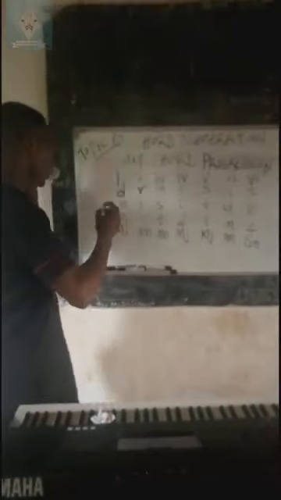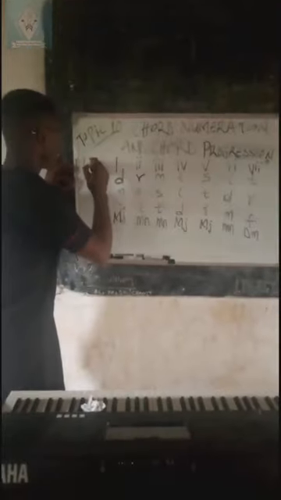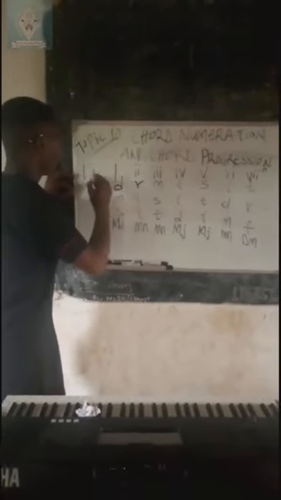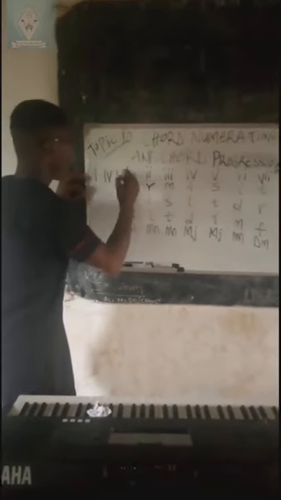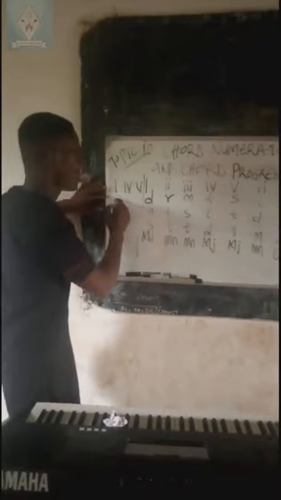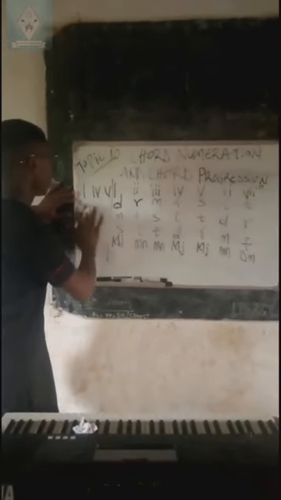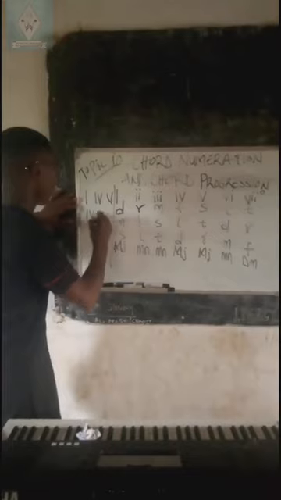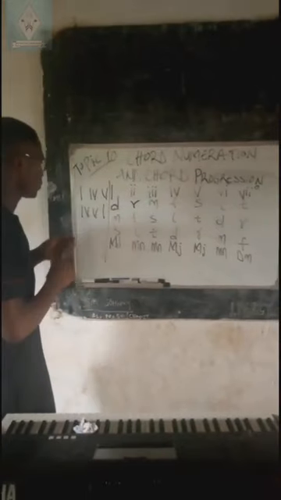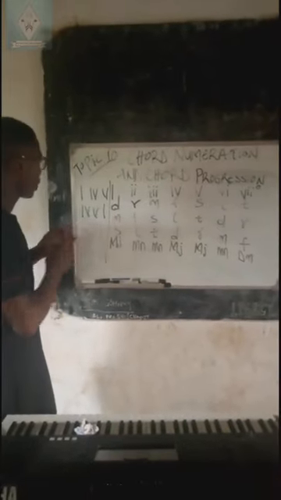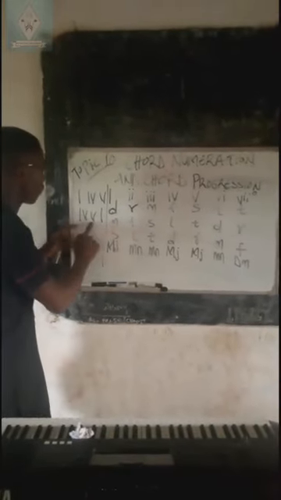Now, if you are given a progression like this: 1, 4, 5, 4, 5, 1.